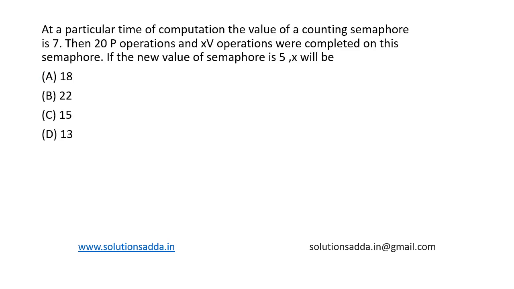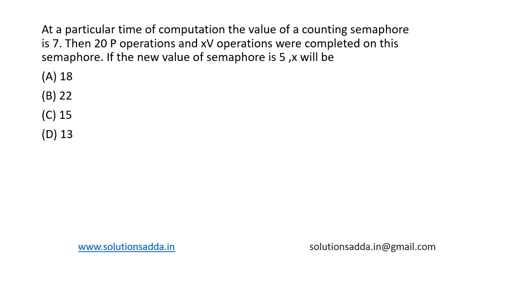This is a question from operating system. At a particular time of computation, the value of a counting semaphore is 7. Then 20 P operations and X V operations were completed on the semaphore. If the new value of the semaphore is 5, what will be the value of X?